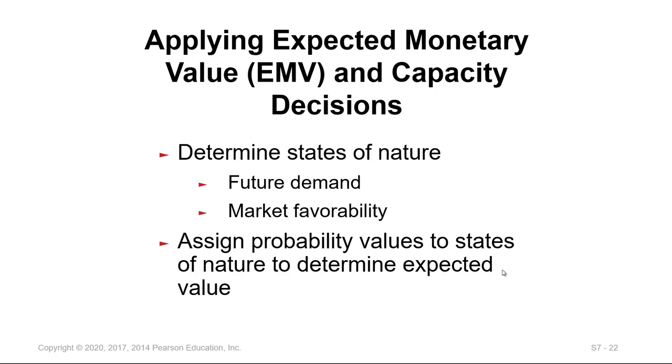Another method to determine the capacity and the decision of expansion is to apply the expected monetary value and compare alternatives. To do that, we need to determine the future demand and market favorability. Then we assign probability values to demands and sales and calculate the expected value for each option.